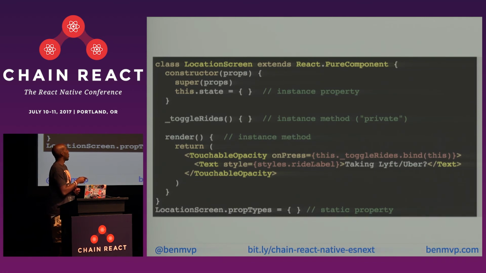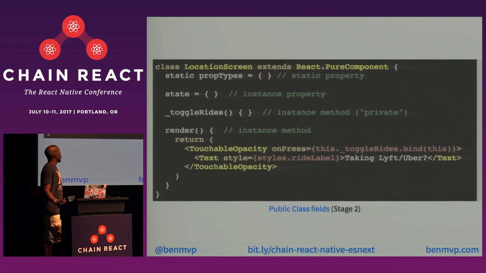And I'm calling this private because I'm using the underscore kind of convention for a private. It doesn't actually make it private, but I'm using that as a naming convention. But if we add the public class fields proposal, which is sitting in stage 2, and it has been in stage 2 for a while as well, unfortunately, we can now declare the static properties.